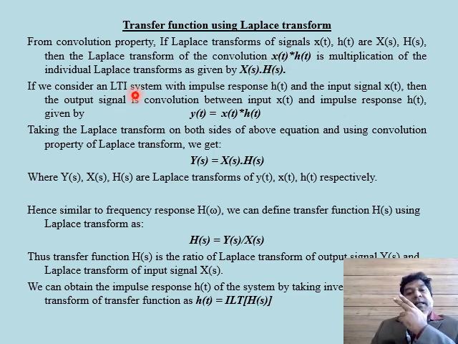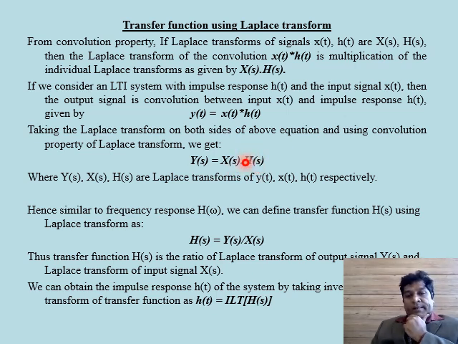Now if we consider the LTI system with the impulse response h(t) and the input x(t), the output signal y(t) is given by the convolution of x(t) with h(t). If we take the Laplace transform on both sides, the Laplace transform of y(t) is Y(s), and the Laplace transform of the convolution is X(s) multiplied with H(s).